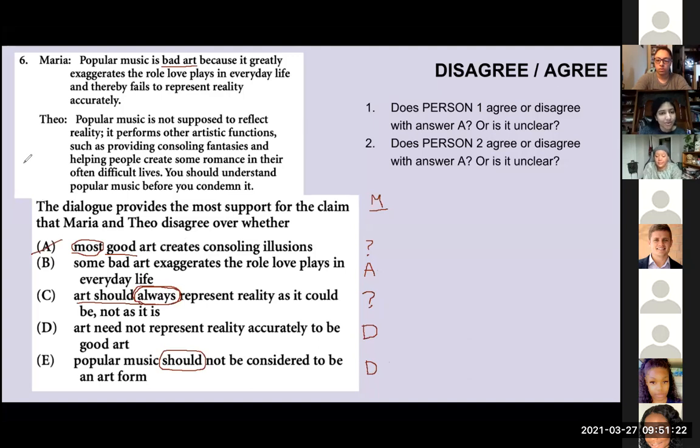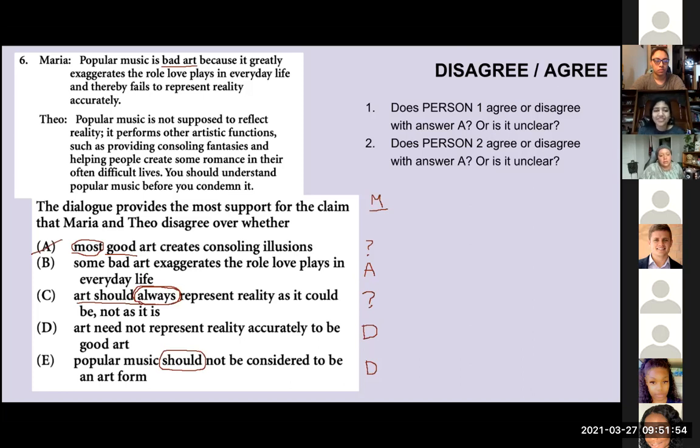And then for Theo, does anyone want to read what Theo said? Anyone other than Tyler? "Popular music is not supposed to reflect reality. It performs other artistic functions such as providing consoling fantasies and helping people create some romance in their often difficult lives. You should understand popular music before you condemn it." Yes.